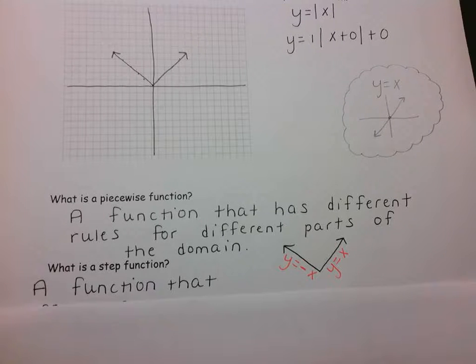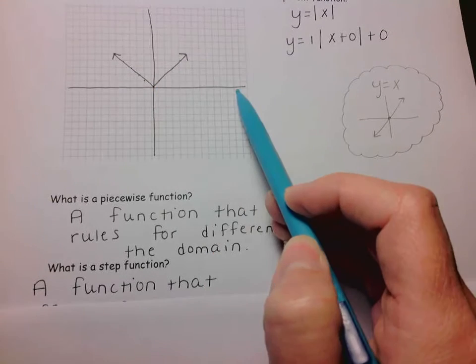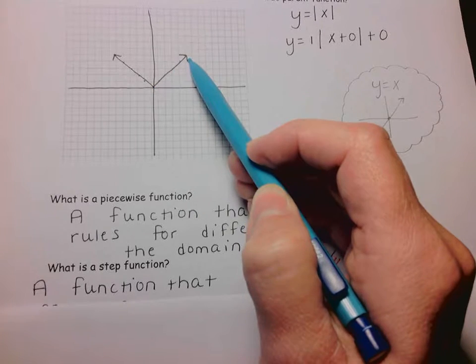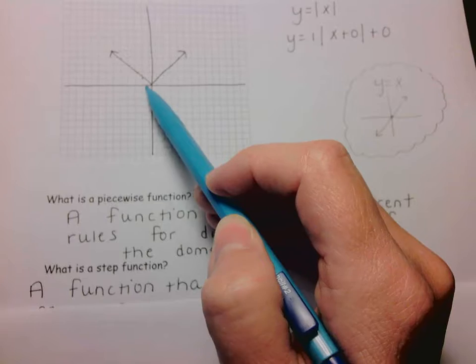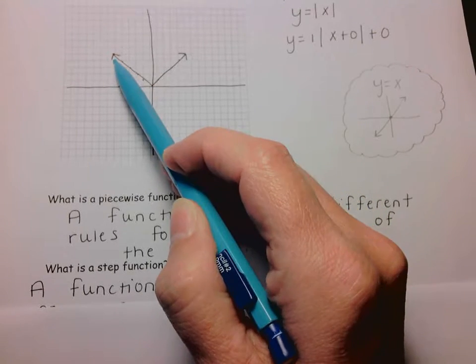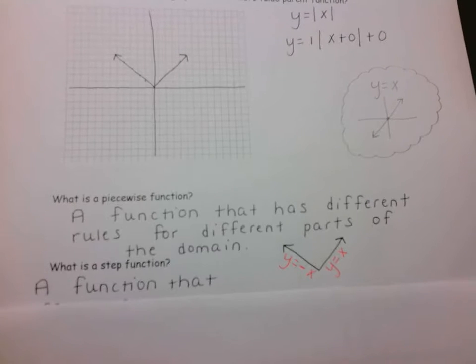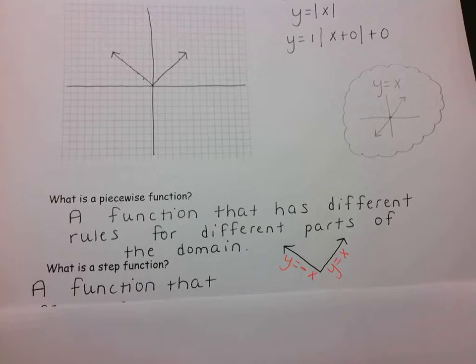So if you look at the graph of an absolute value parent function, we can say for this part of the domain, the function rule is y equals x. But for this part of the domain, the function rule is y equals negative x. So an absolute value function is an example of a piecewise function because it has different rules for different parts of the domain.